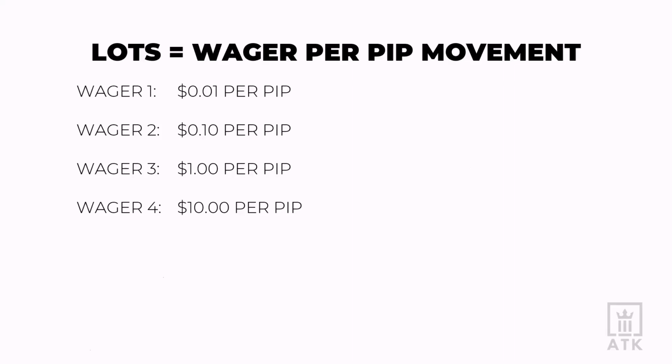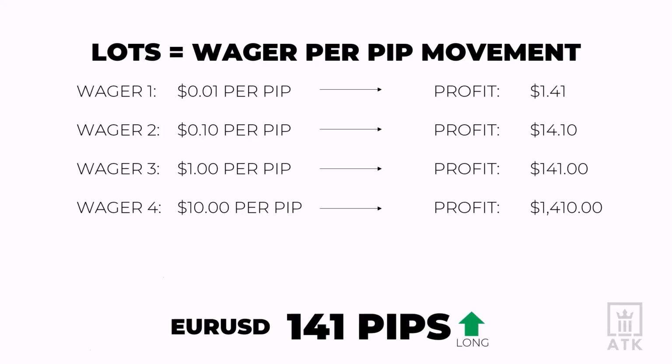So let's use our examples for this. Let's use Euro USD, which y'all calculated to be 141 pips that the price moved, and it was a long. Person one who risked a penny per pip on that 141 pip move would have made $1.41.